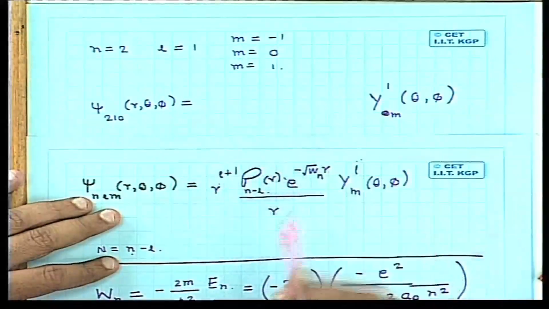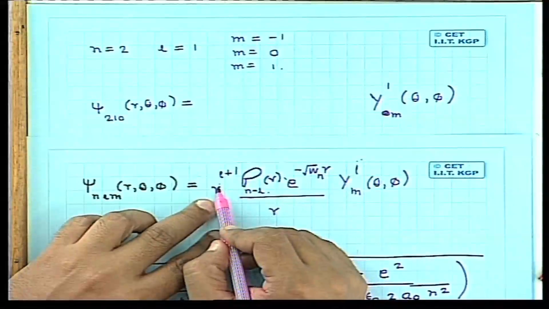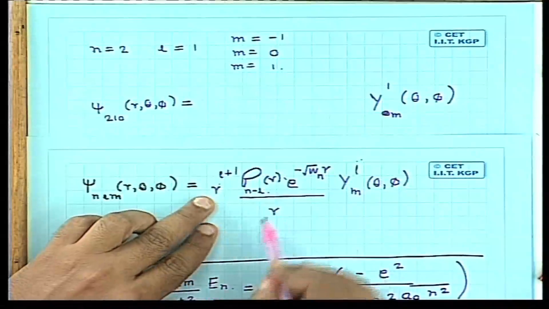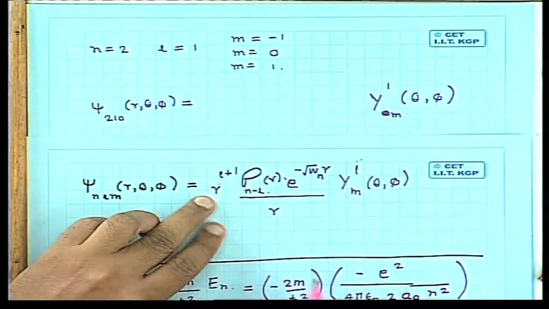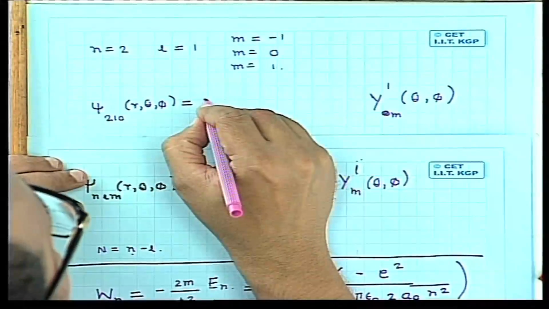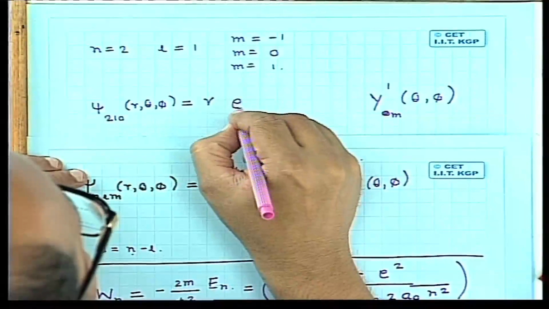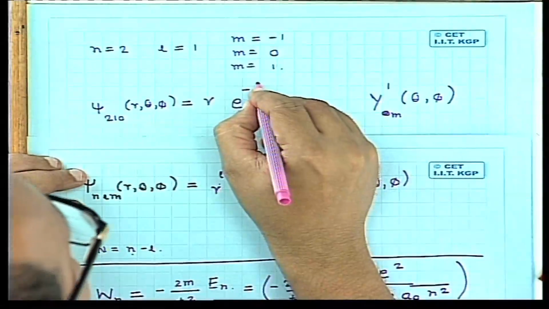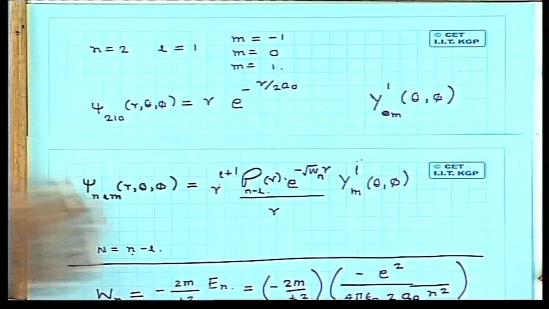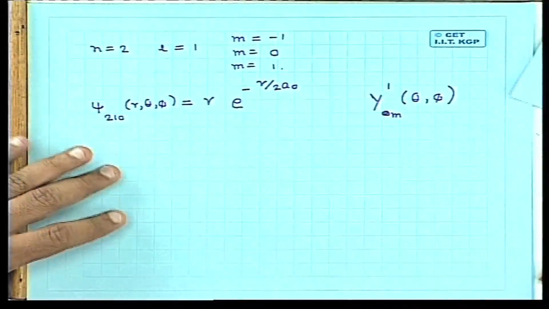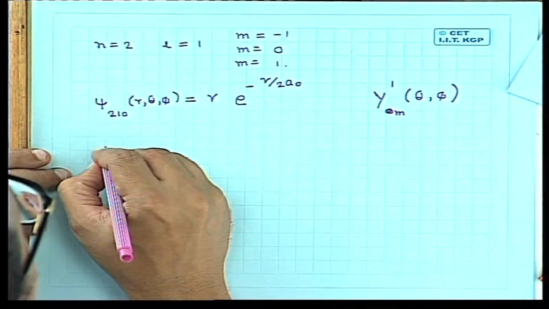Now let us work out the r dependence. L is equal to 1, so here we have r to the power of 2. Here we have r in the denominator, so one r will cancel out and we are left with r, and we have e to the power minus r by 2a0. Let us work out the polynomial. Now what is the value of n?